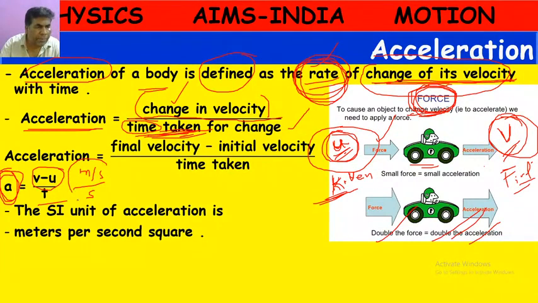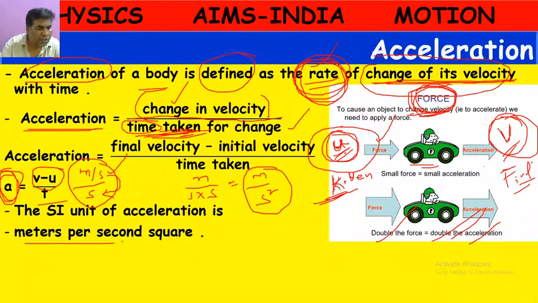So meter per second per second. In the numerator, the second will come down. Meter per second into second, or else we can write meter per second square. Or in words, we can write meters per second square.